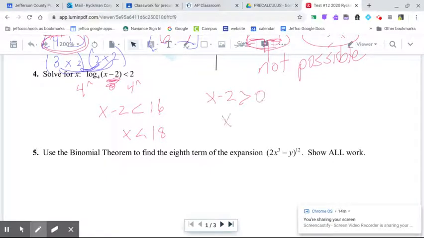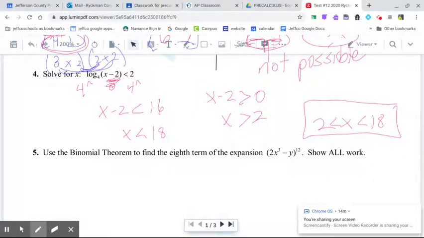X also must be greater than 2 to keep from taking a log of a negative or trying to find a positive number to a power that makes it negative, which is not possible. So x has to be between 2 and 18. Anything in that range works. Anything outside that range either breaks math or doesn't make the problem true.